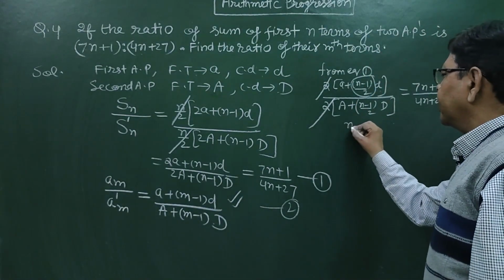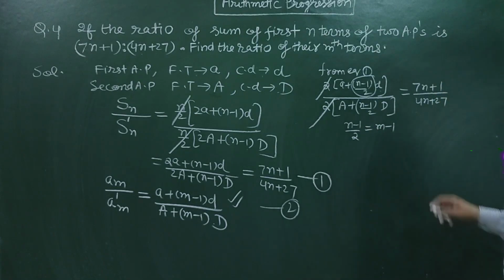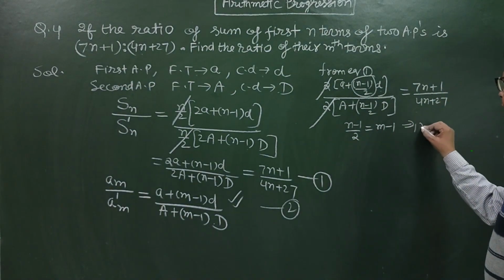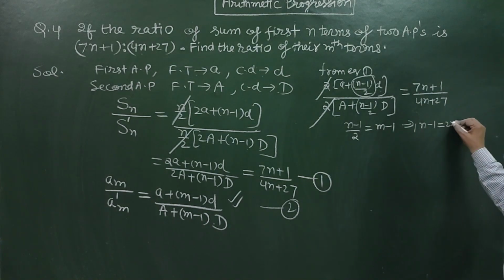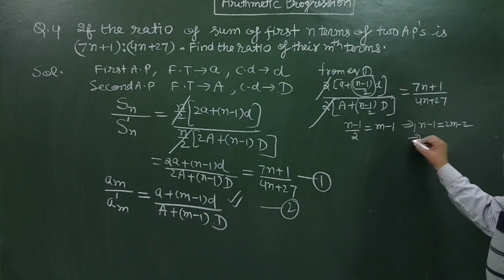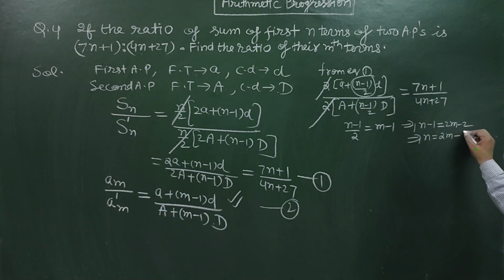So putting (n minus 1) upon 2 equal to m minus 1, this gives n minus 1 equal to 2m minus 2, or the value of n is equal to 2m minus 2 plus 1, that is 2m minus 1.